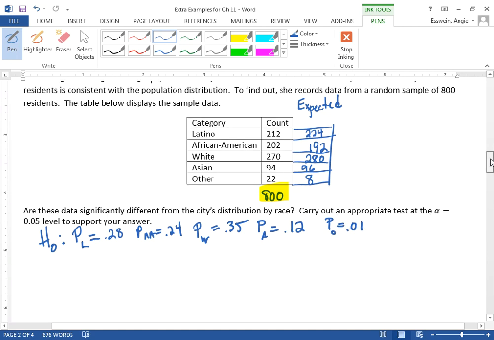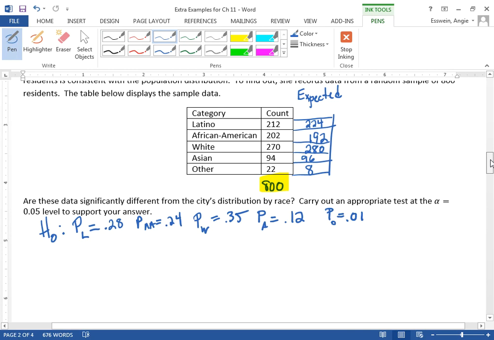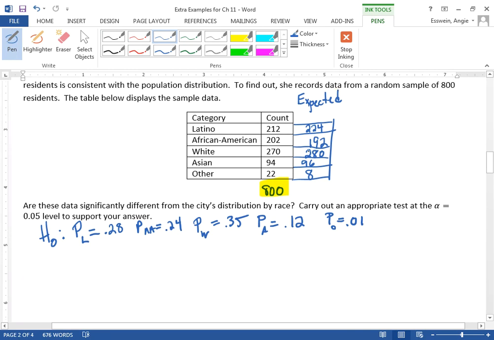So that's our null hypothesis. So we assume that's true. What's the likelihood of getting what we observe? So our alternative is that one or more of the proportions is not what we expect.